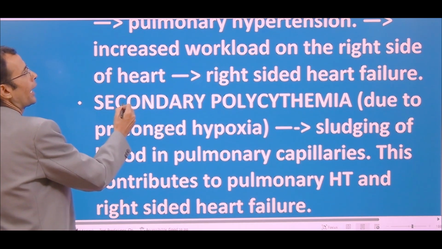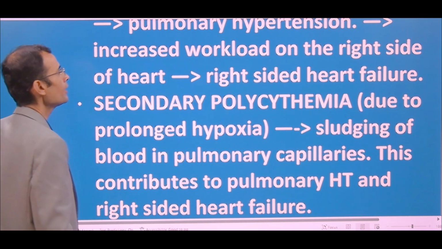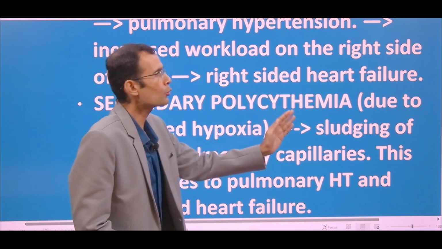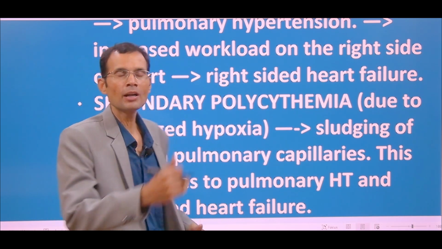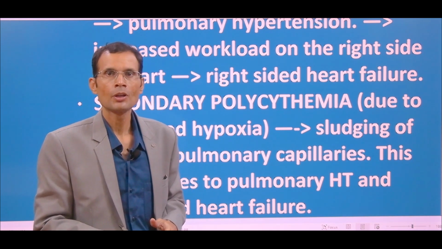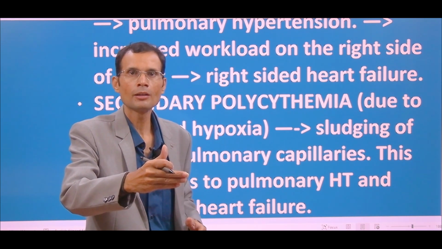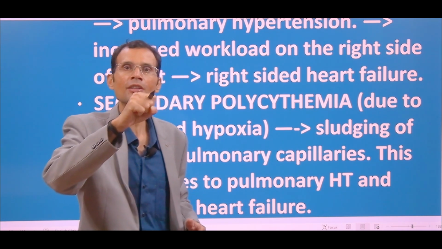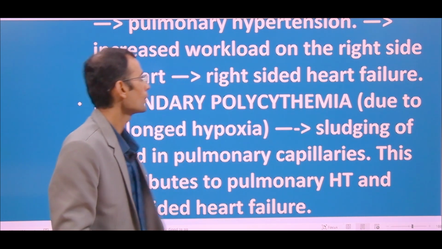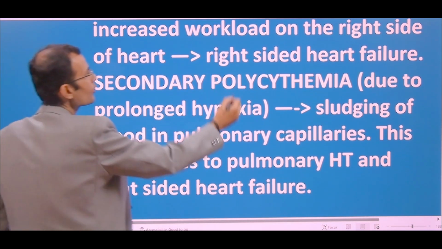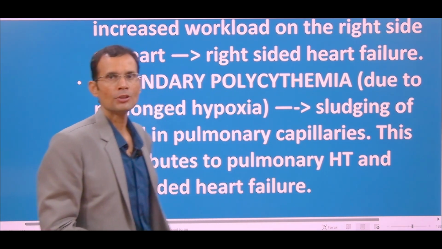So therefore, pulmonary hypertension is further exaggerated. All right. And since pulmonary hypertension is there, there is increased workload on the right side of the heart. Obviously, the right side is pumping the blood into the pulmonary circulation. So with pulmonary hypertension, pulmonary vascular resistance has increased. The right side will have a greater workload, and therefore eventually there will be right-sided heart failure.